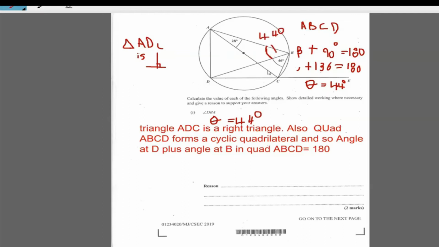This is 44. Then we know this angle, which we don't need to know, but it's good to know. Now if we know this angle is 44, then we know this angle as well, because angles in a triangle sum to 180. So this angle right here is 44 plus 28.